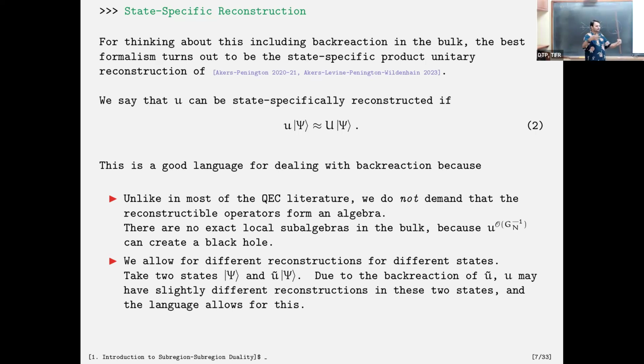And then the background will completely change. All the information you put in will go behind the horizon, and you don't want to deal with that. So you just say, when you put the U to a large enough power, that is not reconstructed on this state. That's it. That is why we need backreaction.